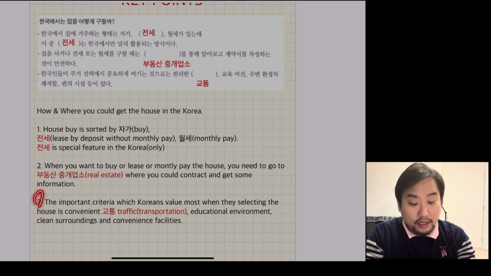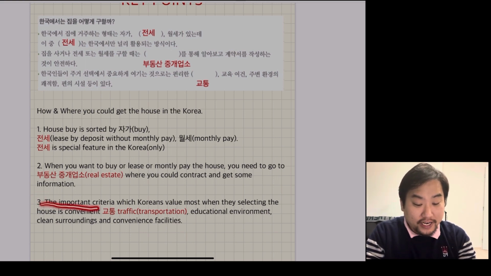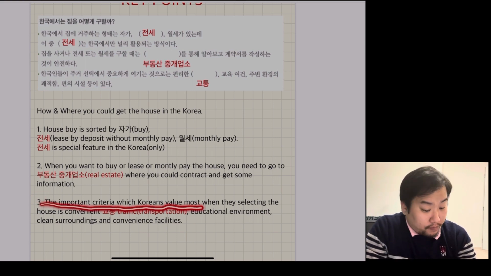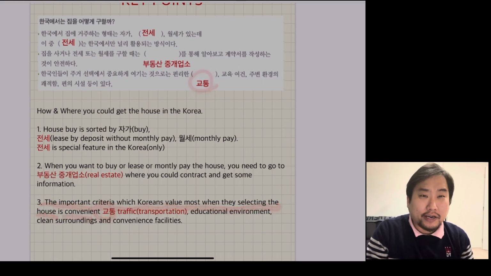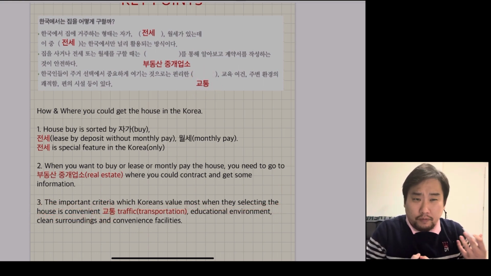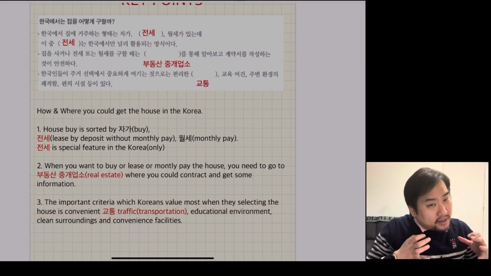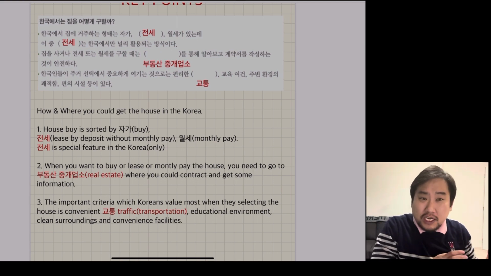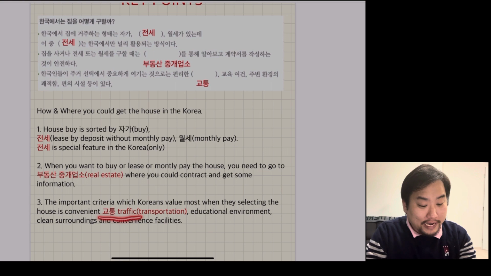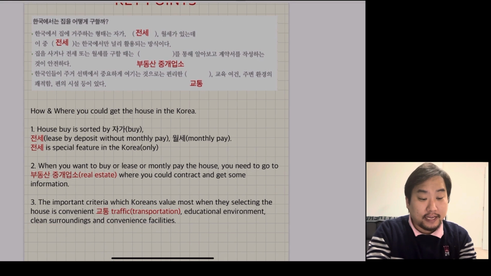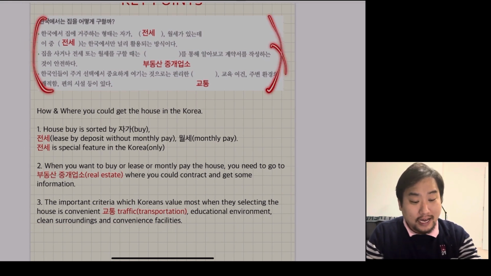And the third one, the important criteria which Koreans value the most when selecting a house, is convenient 교통. In the previous lesson, 교통 meant transportation. But here, it is also transportation, but also traffic. So, 교통 and educational environment and clean surroundings and convenient facilities. Those things I translate.